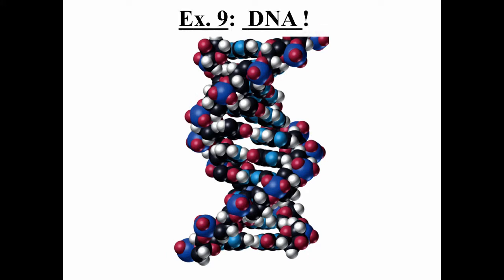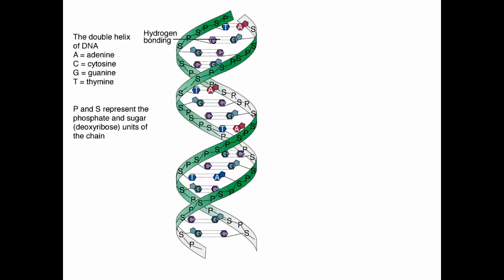Now, another example is DNA, which surely you've heard of before. It has this famous double helix structure, and DNA, the double helix structure, it's the basis for life. It's how our genetic information is passed on from parent to child. And the double helix consists of phosphate and sugar units that are connected to one of 4 bases: adenine, cytosine, guanine, or thymine.